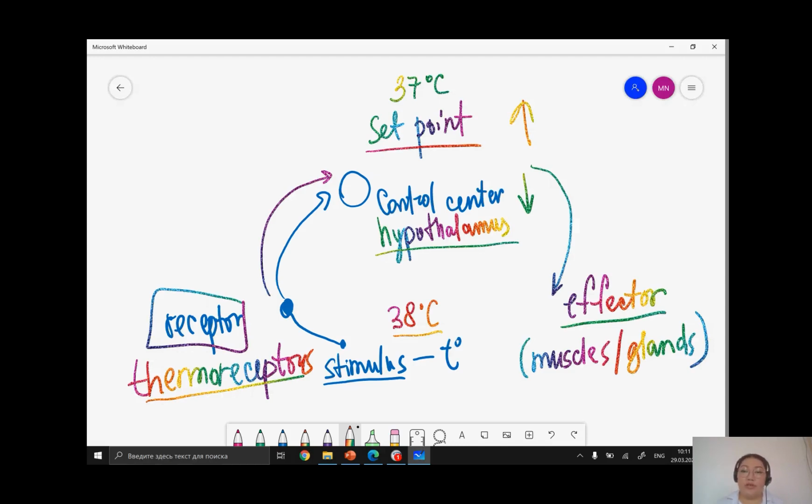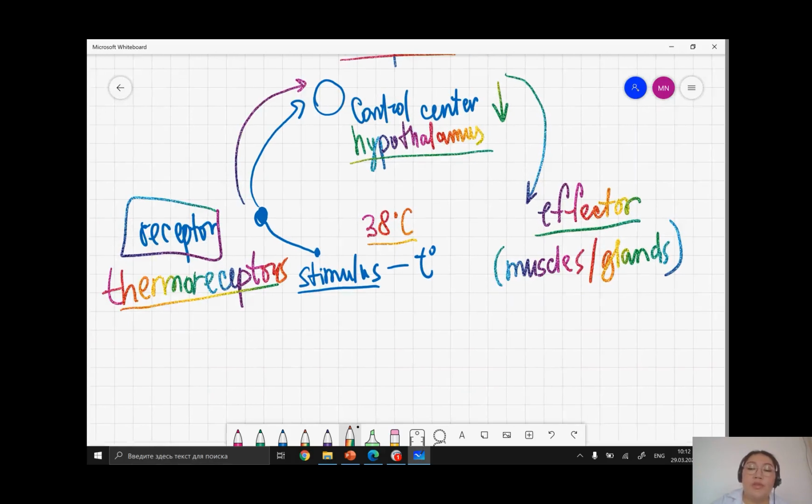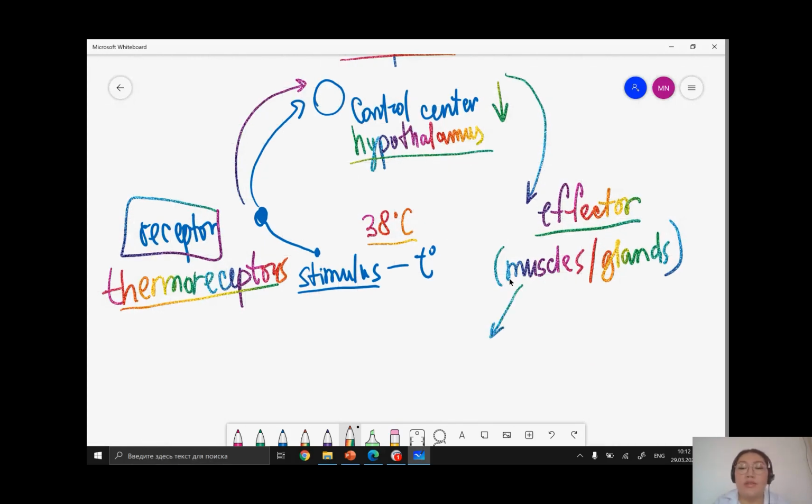So we need to decrease the temperature, and we have several mechanisms to do that. In this particular case, as you can see, the muscles and the glands. The muscles within the vessels will be dilated, so we will have dilation of the vessels in our skin, in the dermis layer. That's how we can lose heat.